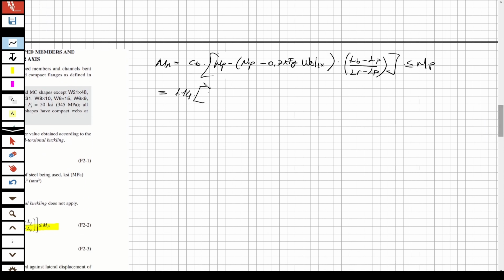And 1.14 multiplied by 361.7 multiplied by 10 power 6, minus 361 multiplied by 10 power 6, and minus 0.7 multiplied by 355 multiplied by the elastic section modulus and multiplied by 4.5.